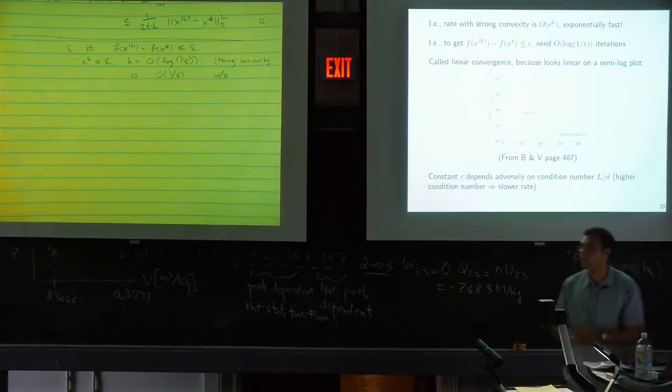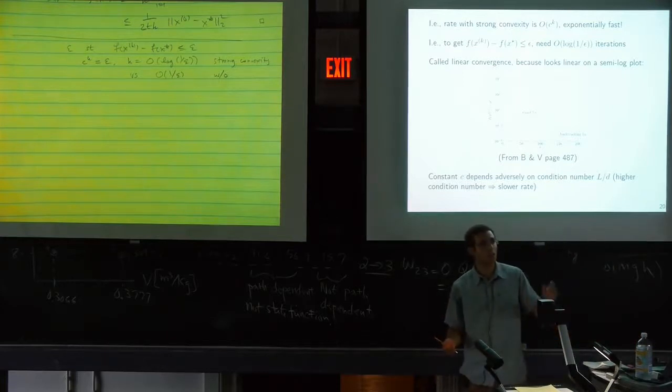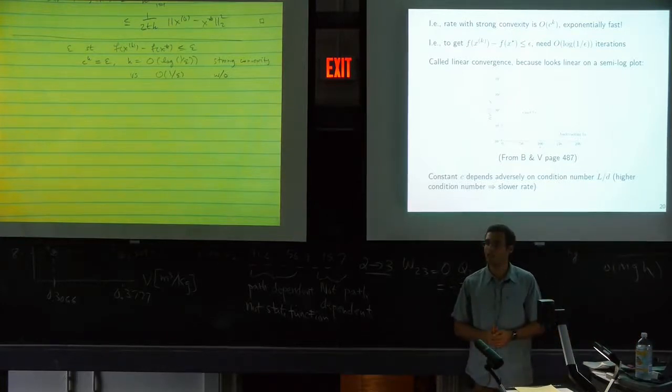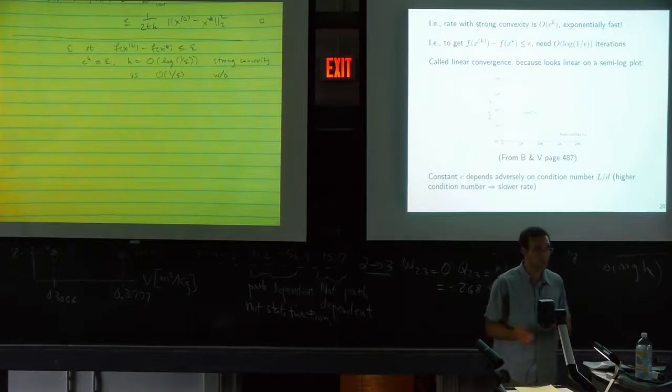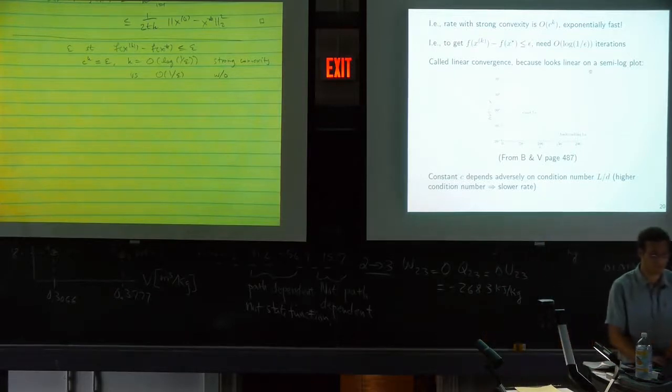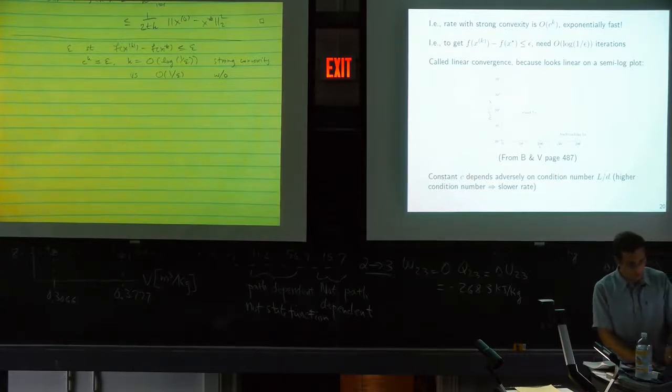So much so that you may not even notice this strong convexity exponentially fast convergence, because it could be the case that c is astronomically close to 1. So you may not even notice, like I said, this exponentially fast convergence. And if you're curious to know more details about how exactly it depends on L and D, take a look at your textbook. When they prove the rates, they give the explicit form of c, so you can see exactly how it depends on those two numbers.